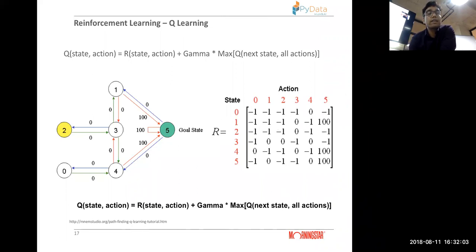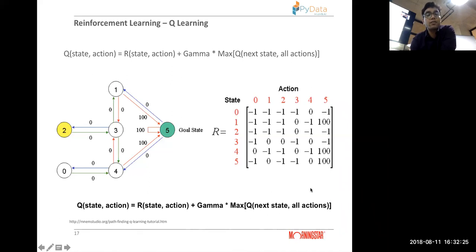So rewards are already given, and we can run a deep Q algorithm on this, and this is called a Bellman equation. On the generalized level, it's the reward of the action that I will be taking from this state, plus the discounted reward of all the future actions.